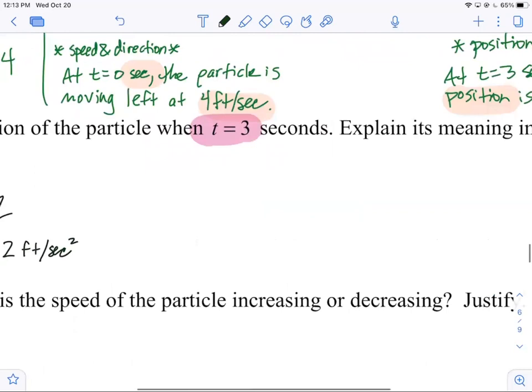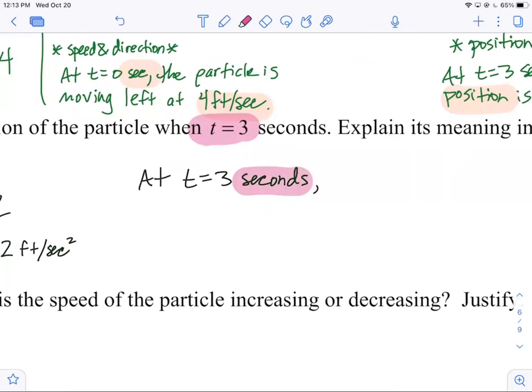Okay, so here's what we would say. When t equals 3 seconds, or at t equals 3 seconds, whichever you prefer, comma. And again, we answer it straightforwardly with units on our independent variable. Okay, the velocity, you don't have to say of the particle or the particle's velocity.